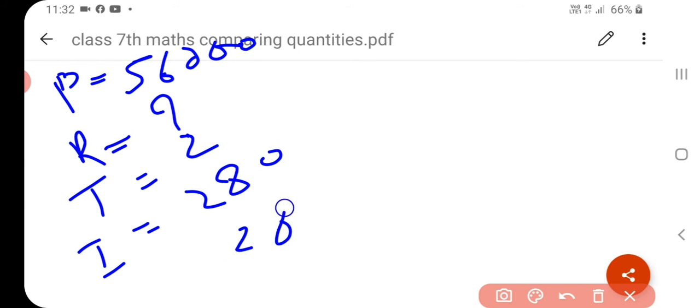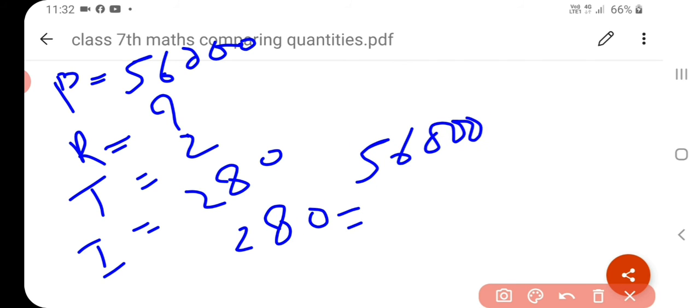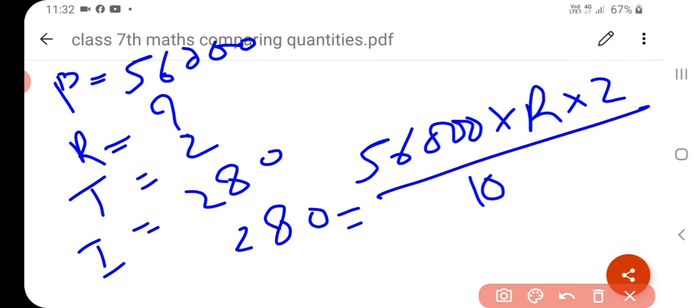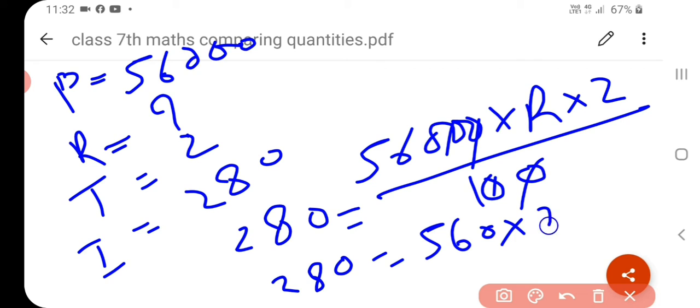Okay, so SI is equal to PRT, T is 2 years, upon 100. Okay, understand? So now 280 is equal to 560 into 2 into R. So how to find R?